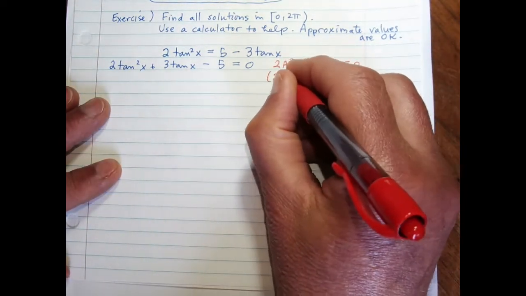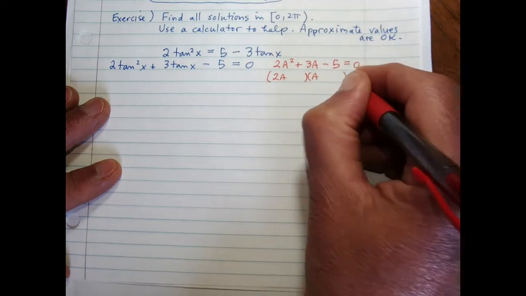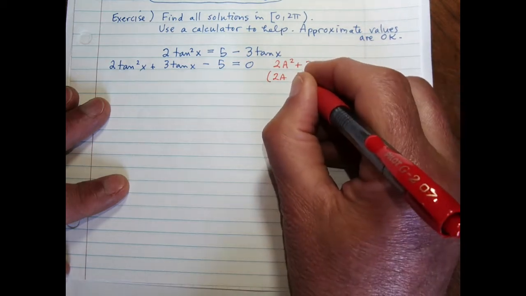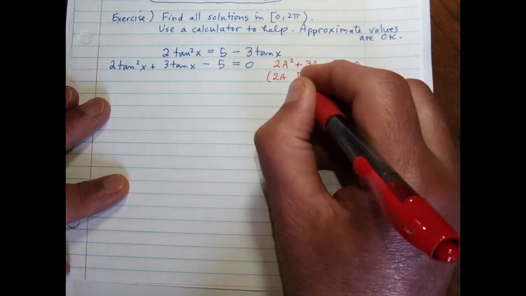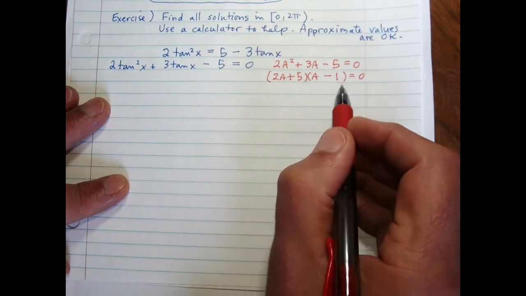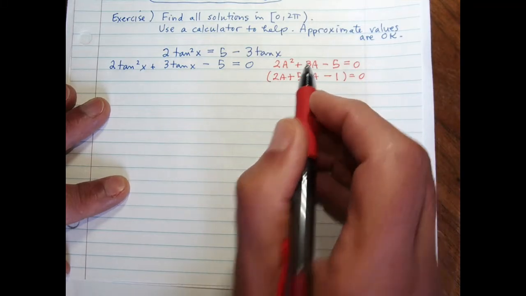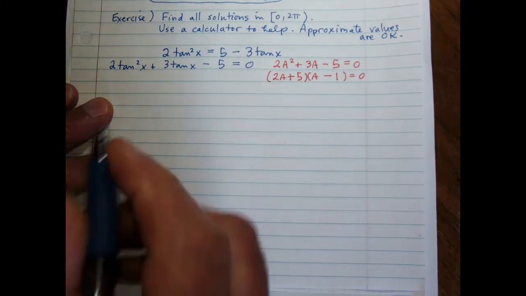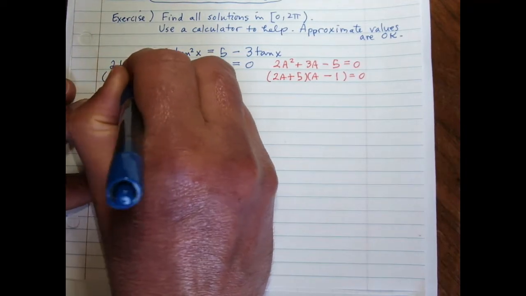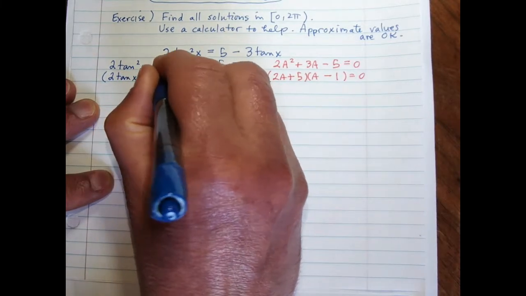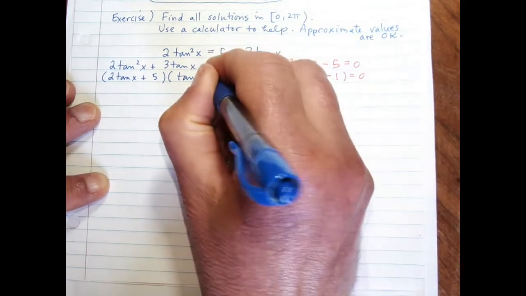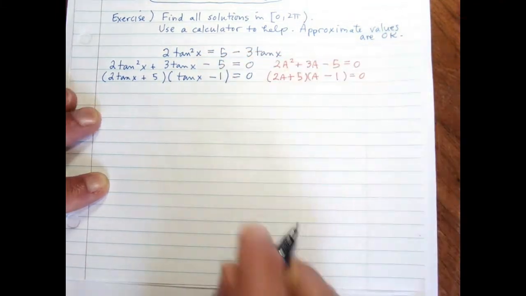Let's see, I'm going to use trial and error factoring here, 2a and a, 5 and 1, I think plus 5 minus 1 is going to give me plus 5a minus 2a, gives me the plus 3a in the middle. So what does this mean about tangent? It means I have 2 tan x plus 5 times tan x minus 1 equals 0.